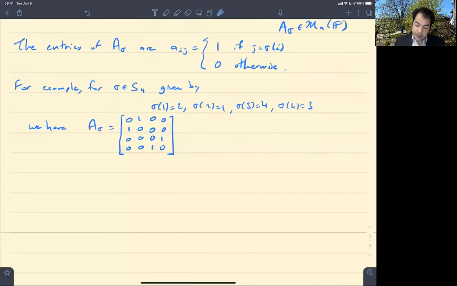And so this first row is telling me what sigma(1) is, right? Sigma(1) is equal to 2. The second row is telling me what sigma(2) is. The third row is telling me sigma(3) is 4, and the fourth row is telling me sigma(4) is 3.